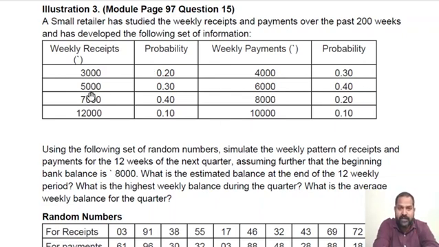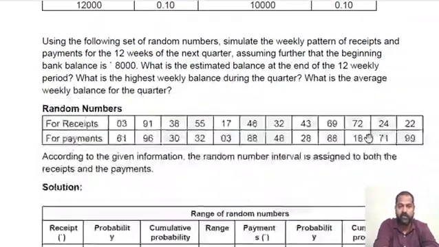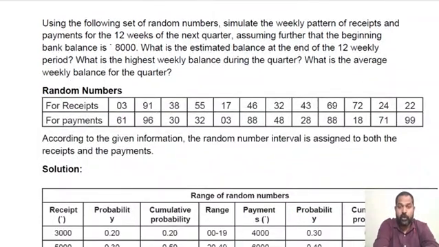There are 4 receipts: you can receive 3,000, 5,000, 7,000 or 12,000 with these probabilities. You might have to make payments of 4,000, 6,000, 8,000 and 10,000 with these probabilities. Using the following set of random numbers, simulate the weekly pattern of receipts and payments for 12 weeks of the next quarter.